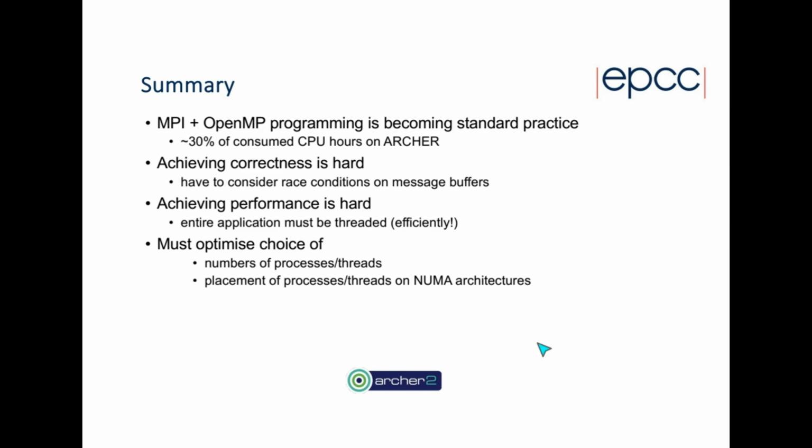We did an exercise to try and estimate how much usage they had, and it was a little bit difficult to do accurately, but we estimated that about 30% of the consumed CPU hours on ARCHER were coming from hybrid MPI and OpenMP applications. We've not done the same analysis on ARCHER2, but it would be interesting to see if that number has gone up or down.